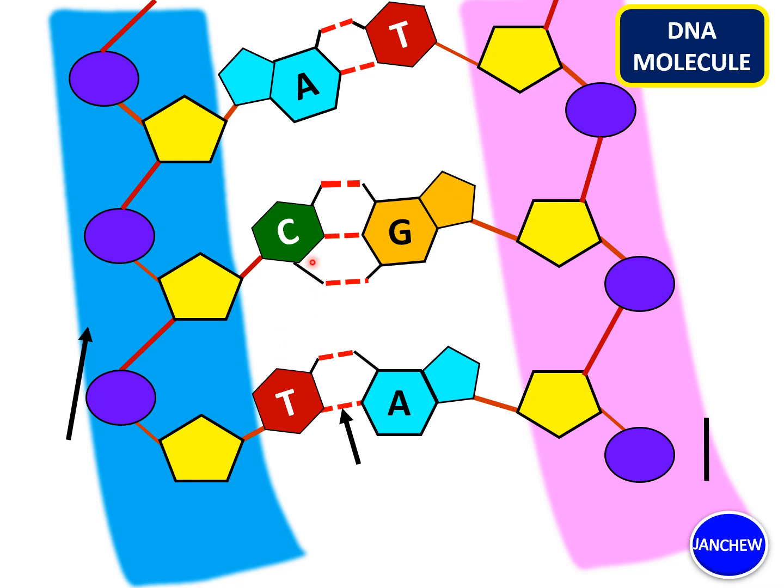The T and the C are quite similar in shape. Okay, however, G will only bind to C and vice versa. A will only bond with T or vice versa. Okay, so guanine will form 3 hydrogen bonds with cytosine, whereas adenine will form 2 hydrogen bonds with thymine.